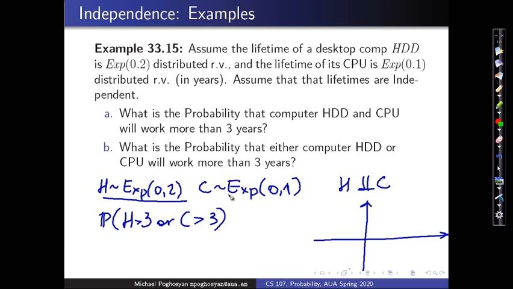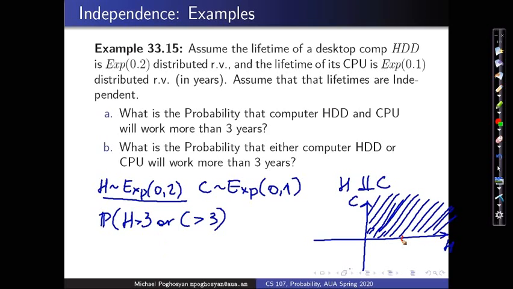H and C are exponential, so if this is H, this is C, I will have just this region, because H and C are both non-negative, so they are in this region. So the requested region, the probability of which we are calculating, is the following.